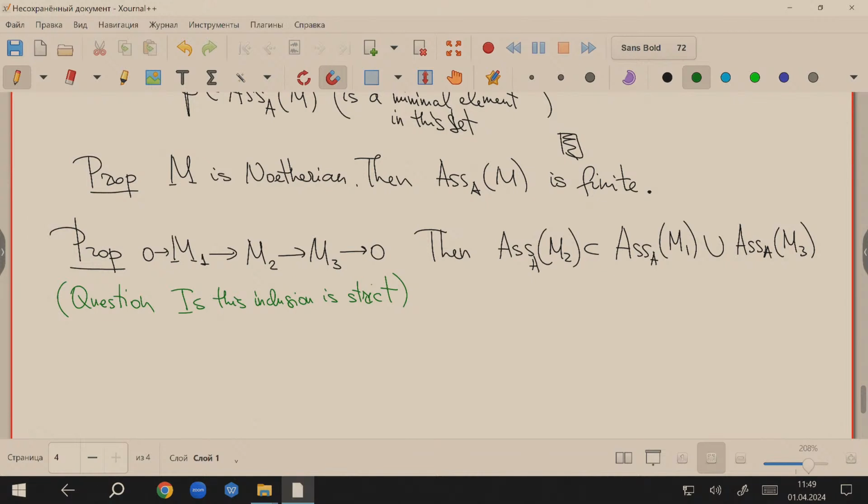Самая простая: Z, Z, Z/P. Тогда какое множество здесь ассоциированных идеалов?